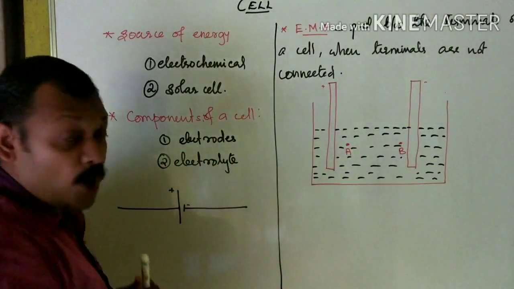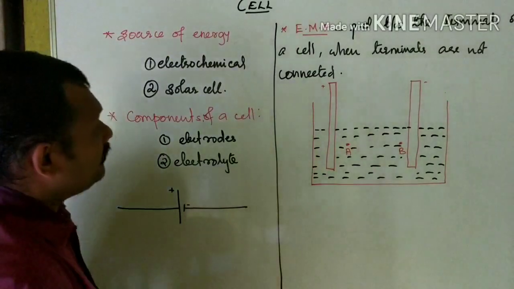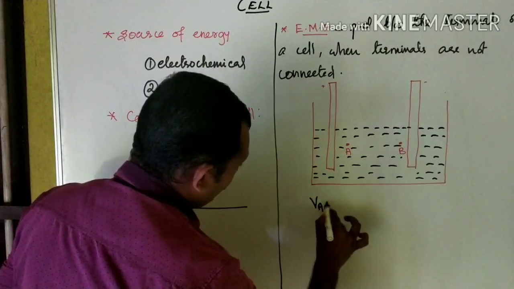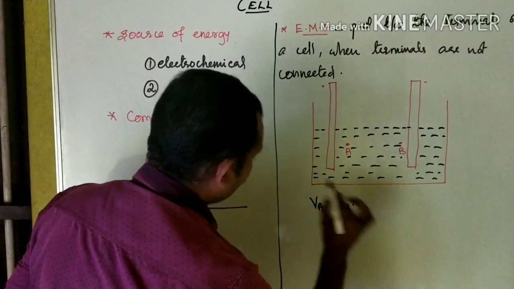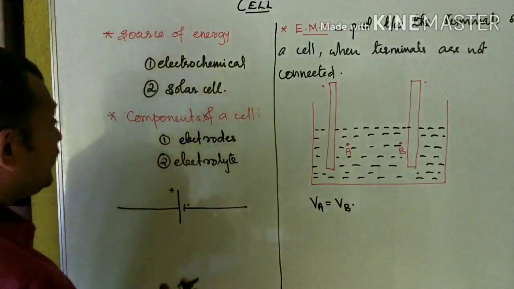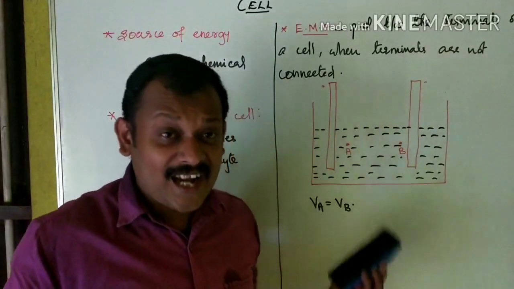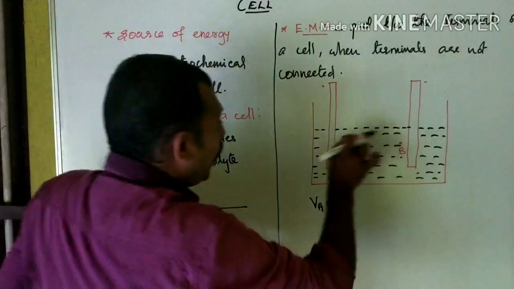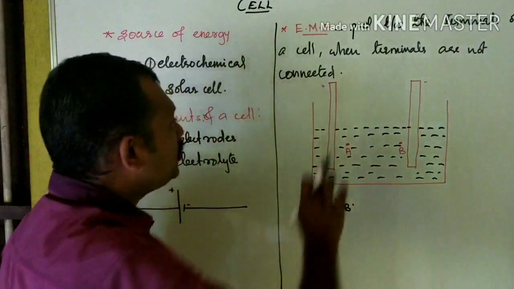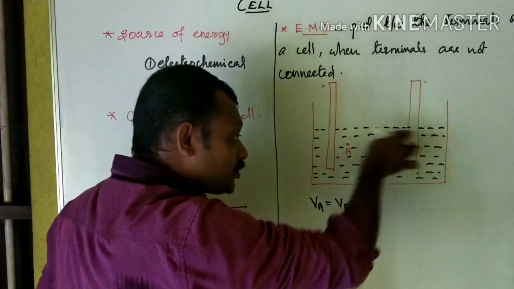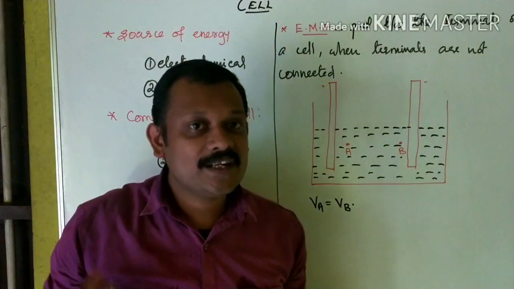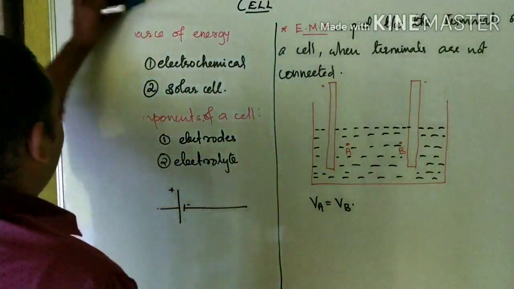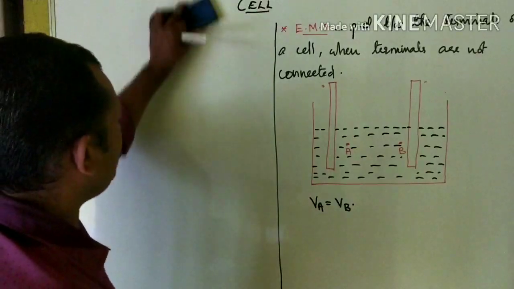When terminals are not connected, please understand carefully, VA is equal to VB. When terminals are not connected, that means there is no current in the circuit. When there is no current, the points A and B are at the same potential because the circuit is incomplete and there is no flow of charges, which means A and B are at the same potential.